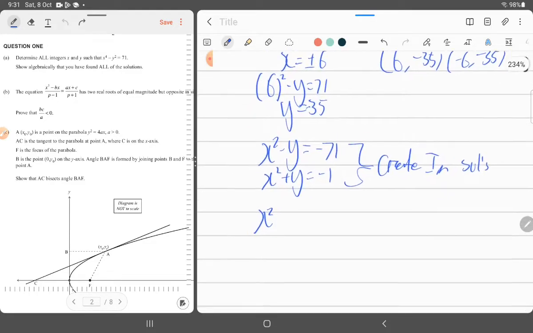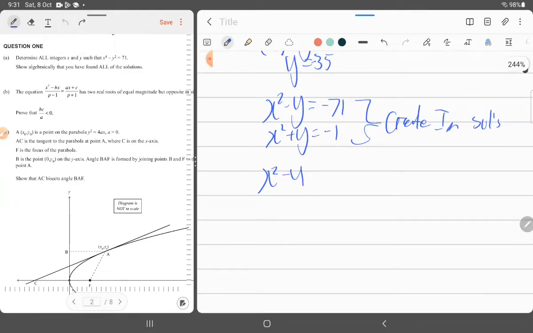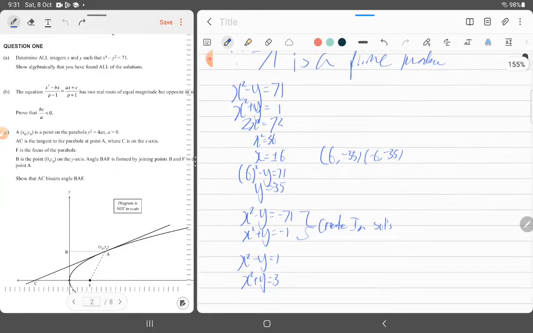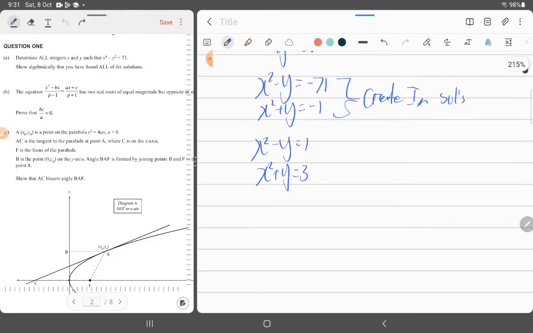So we just have x squared take away y equals 1, x squared plus y equals 71.